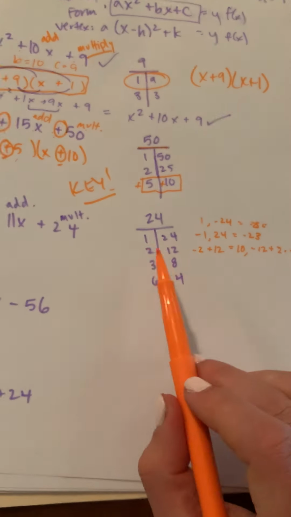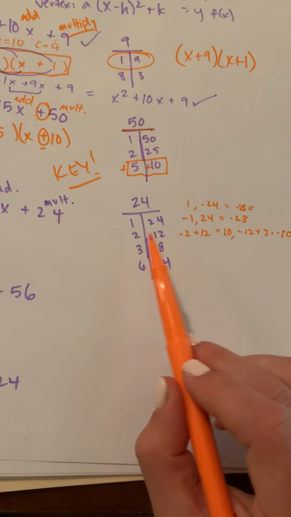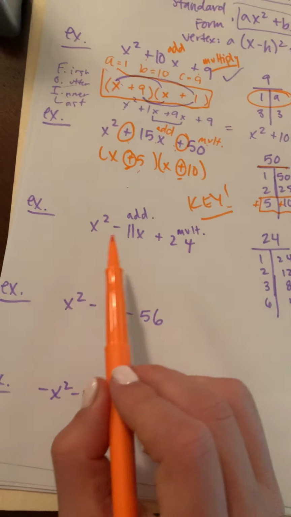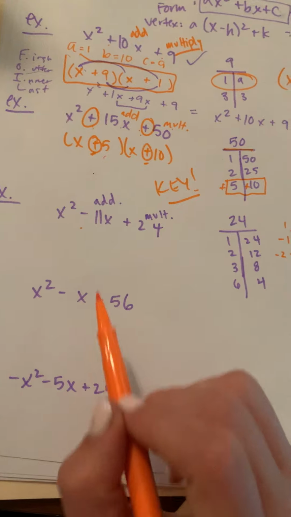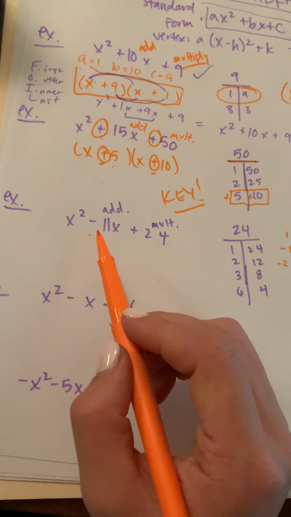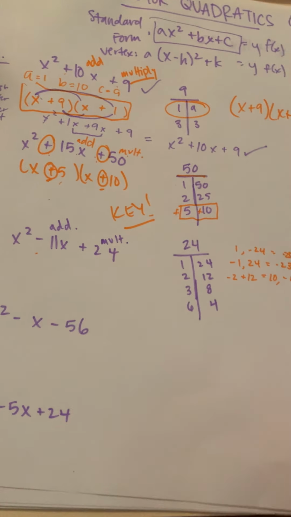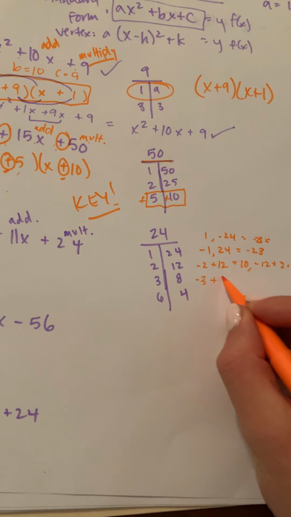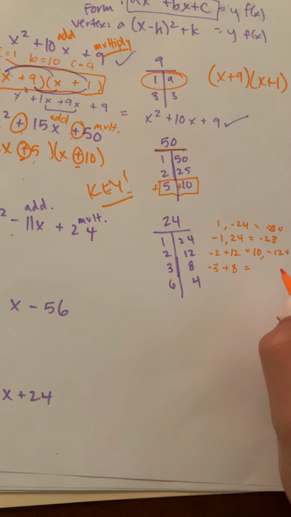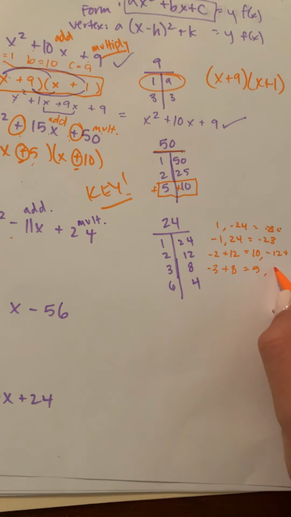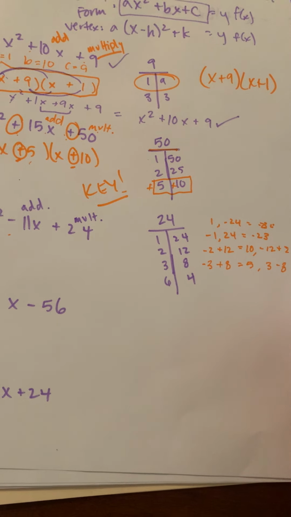See my combinations I'm making? I'm just making one of the factors negative and playing with them since it's a negative 11. Instead of a positive 10, it's negative. So one of them's got to be negative. Neither of those have gotten negative 11. What about minus 3 plus 8? That's 5. What about plus 3 minus 8?